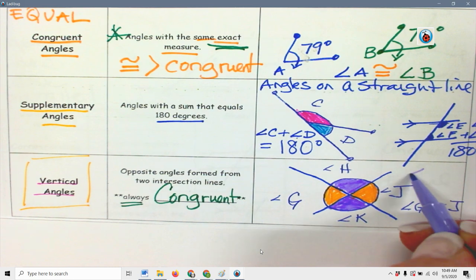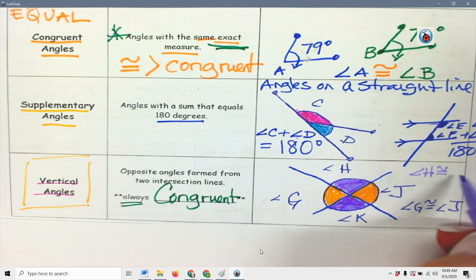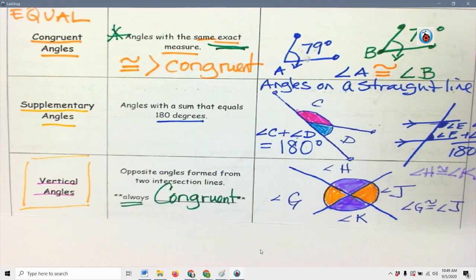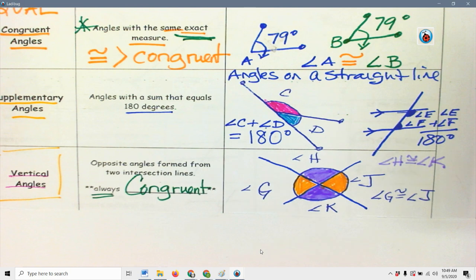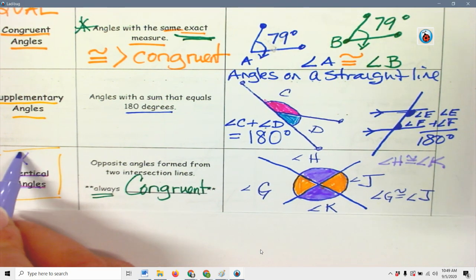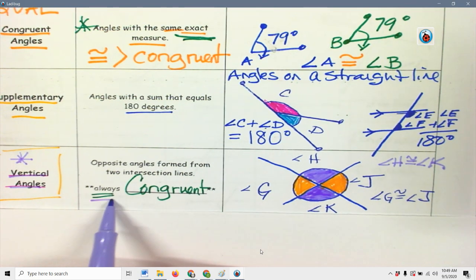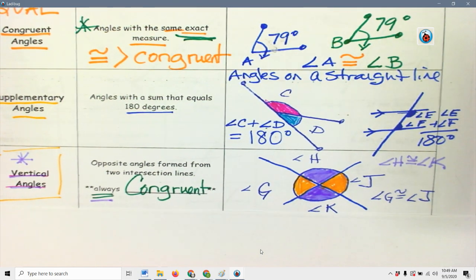And we know that angle H is also congruent to angle K. These, again, are called vertical angles, and this is a very important principle. Always, those two opposite each other will match or are congruent.